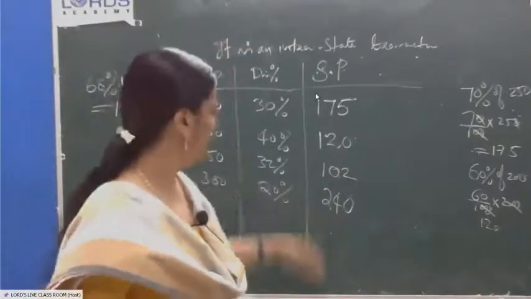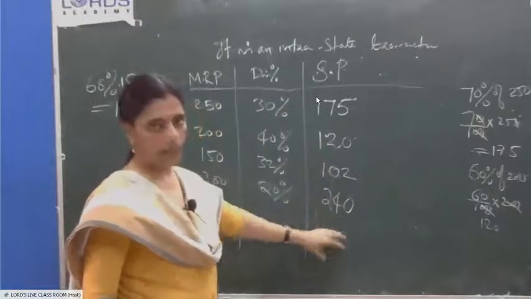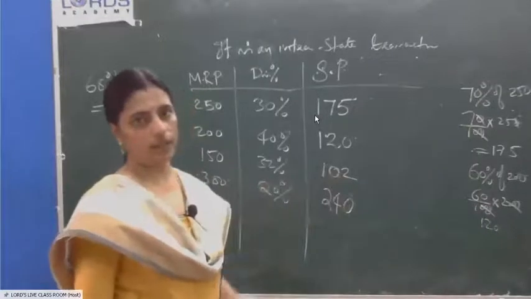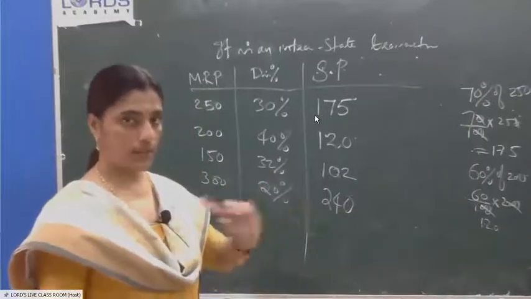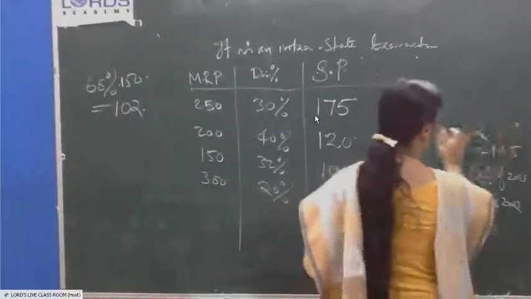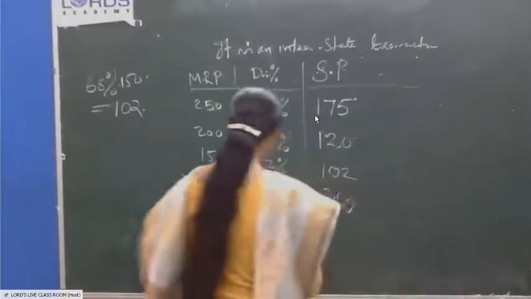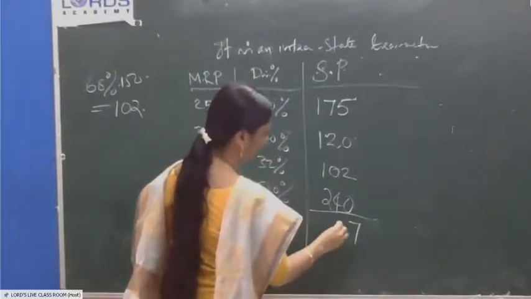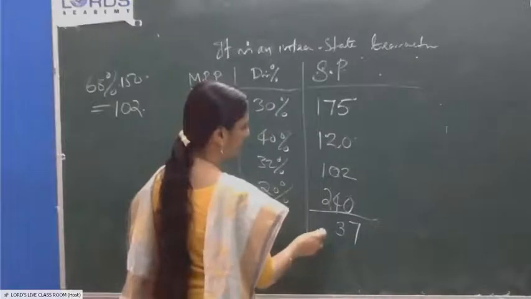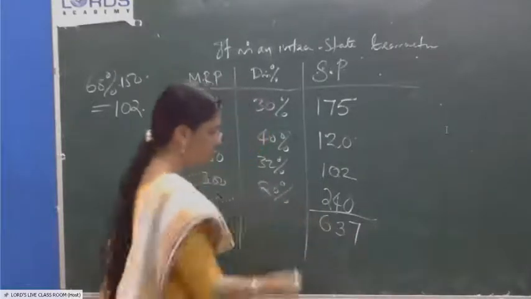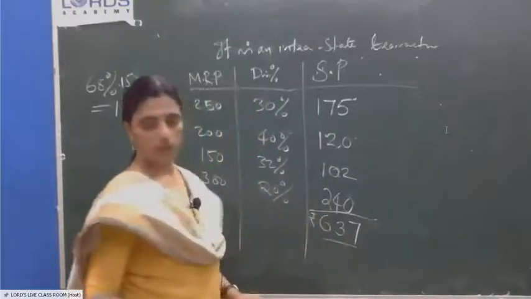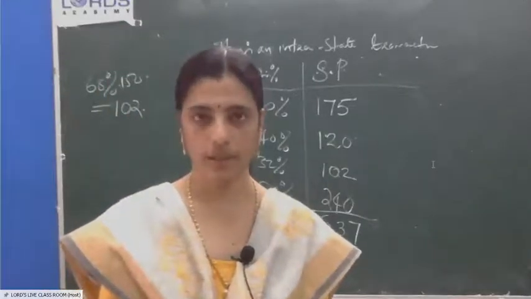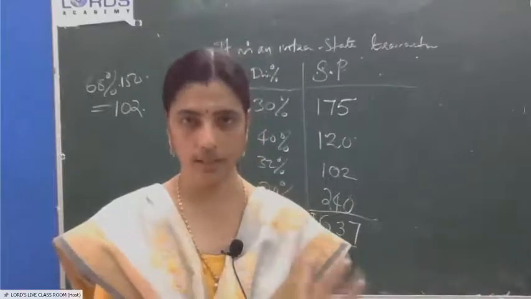So you do one thing, add all these up and find the total sale price. Then we can find the 12%, not 12, 6. Add all of them up and find the total sale price. Rupees 637. Now that is the total amount.